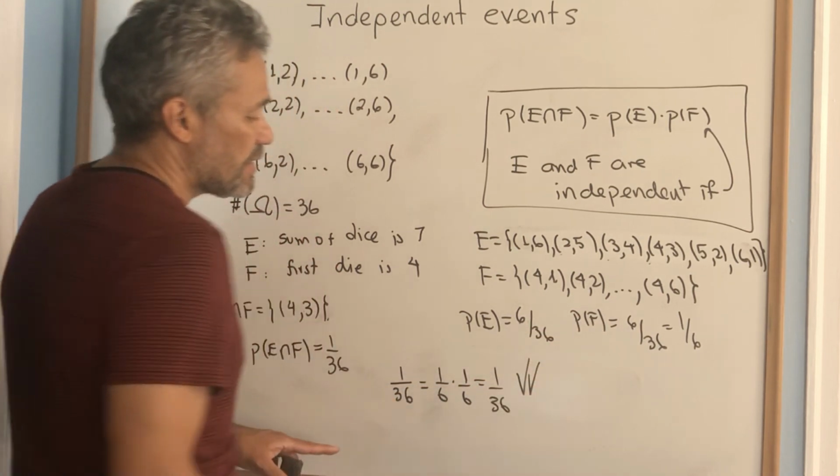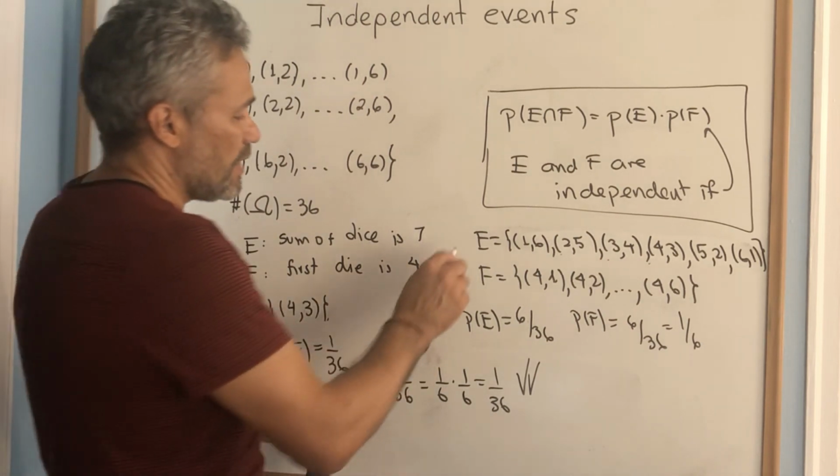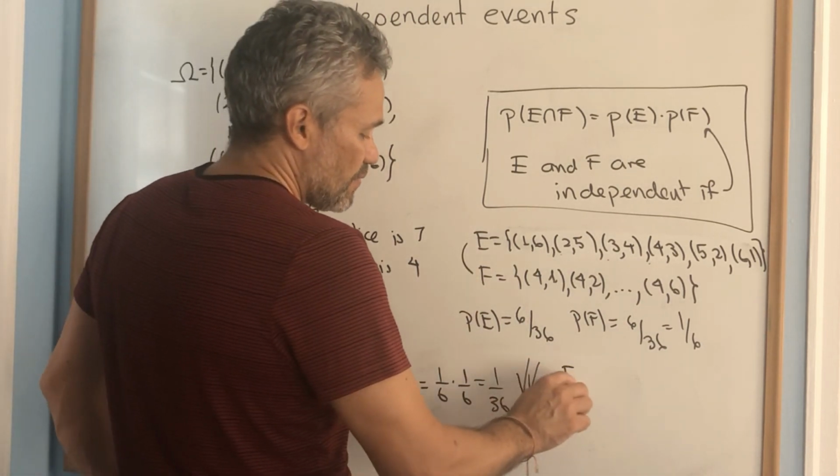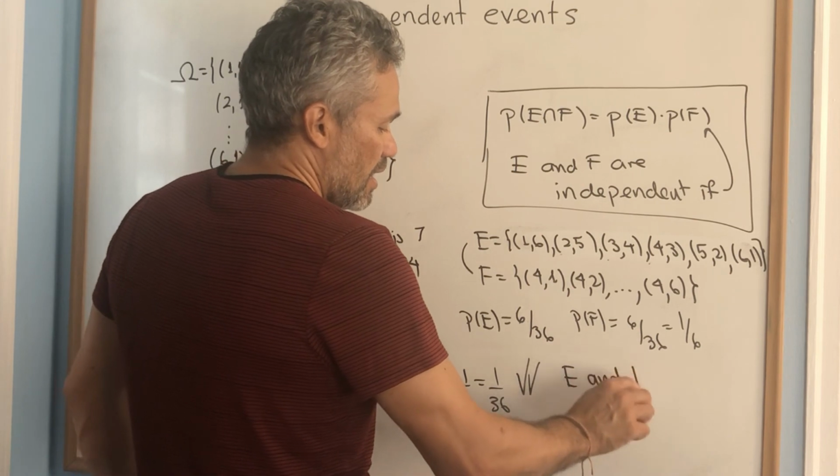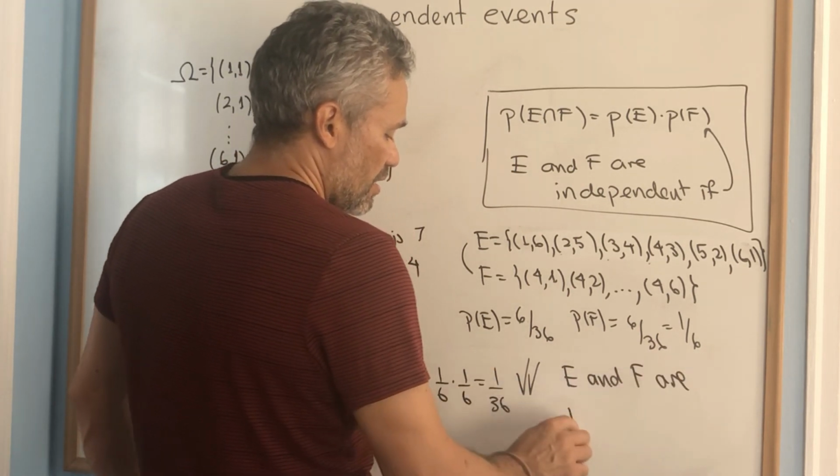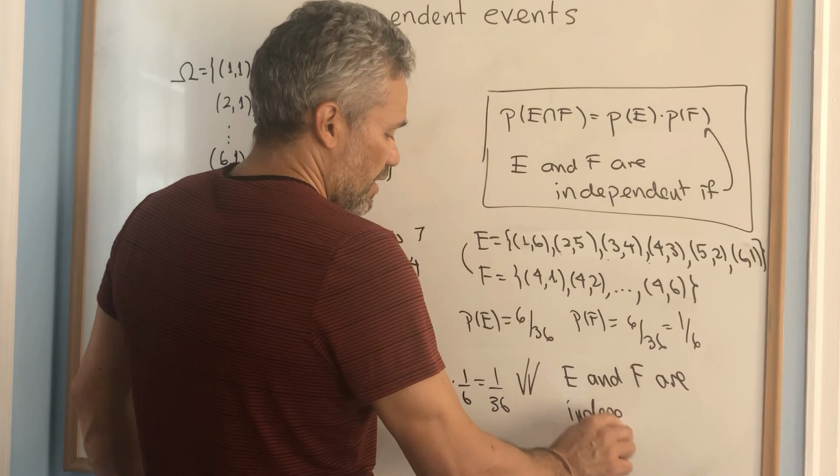In this case, this equation is true, so if we consider these two events, we can say that E and F are independent.